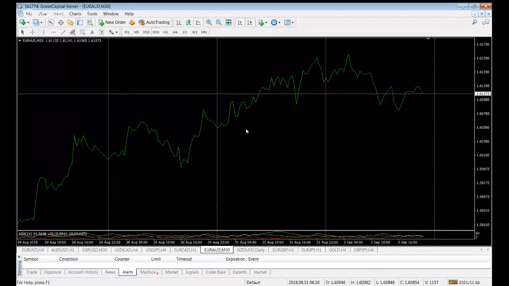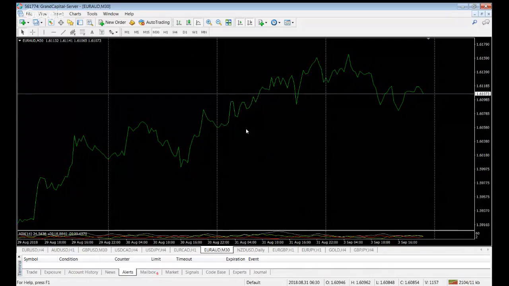The difference with this line chart is that you will not see any candlesticks. You can see that it's just a line. That is why we call it a line chart. The line chart draws a line from the previous closing price to the next closing price. Maybe you are using the 15 minutes timeframe.